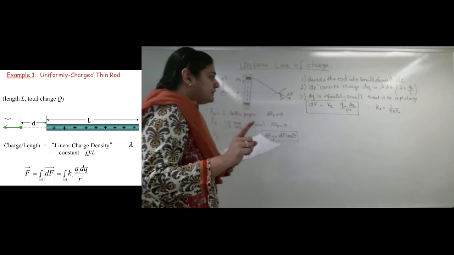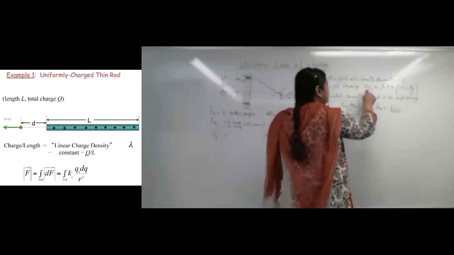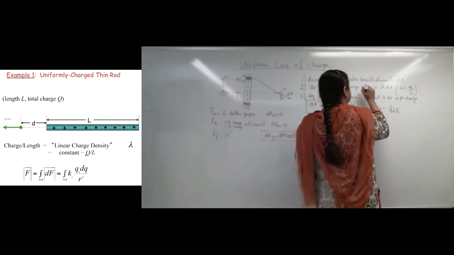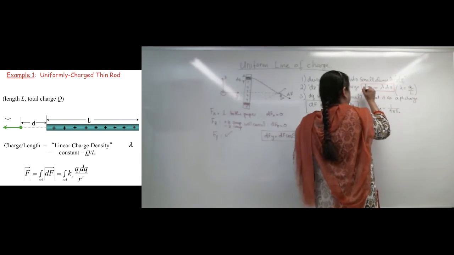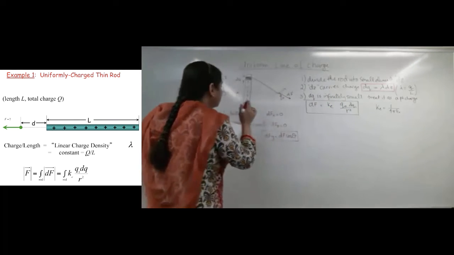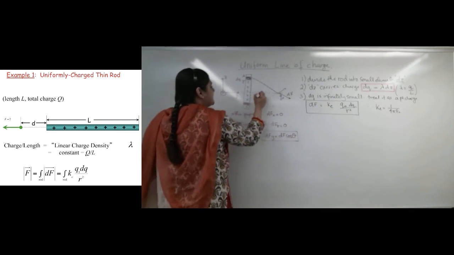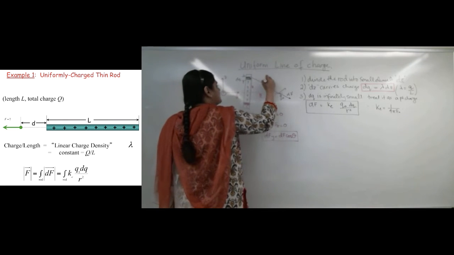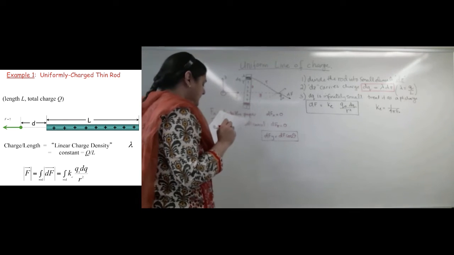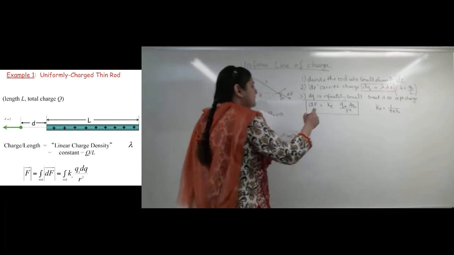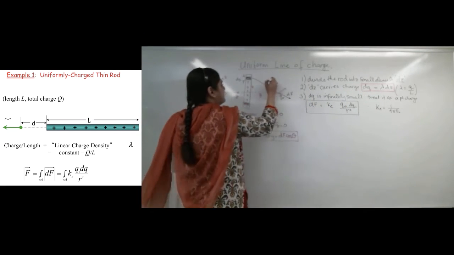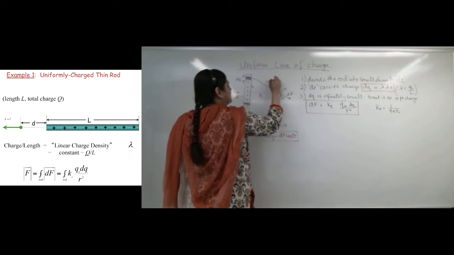Now we know that dq is equal to lambda dz from here, okay? By looking at this picture, this is going to be my y, this is going to be my z, and this is going to be my r. What is this r squared?